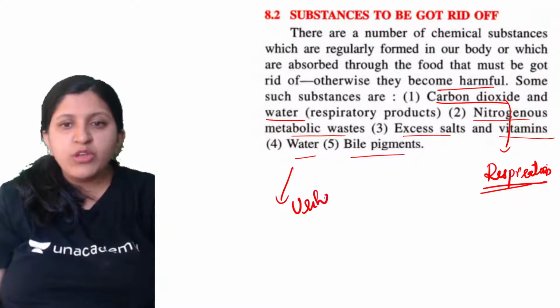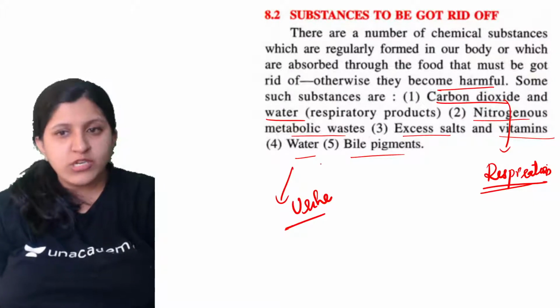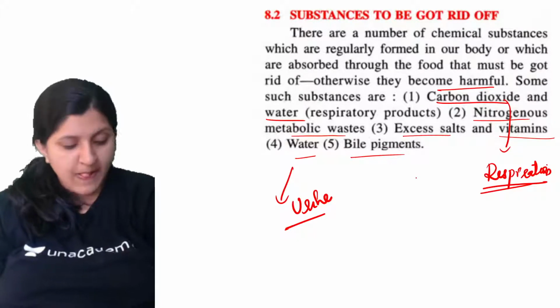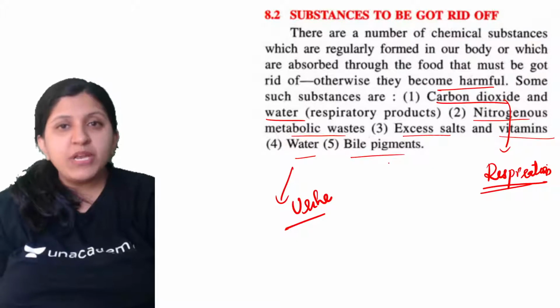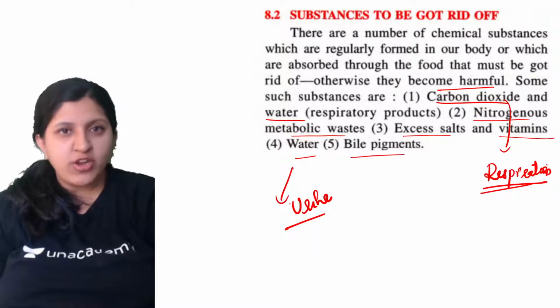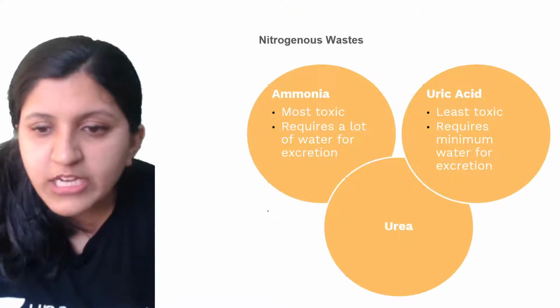So through the urine we can get rid of nitrogenous waste, excess salts, vitamins, water, as well as bile pigment. If there is more bile pigment in the urine, it can lead to the condition we call jaundice.